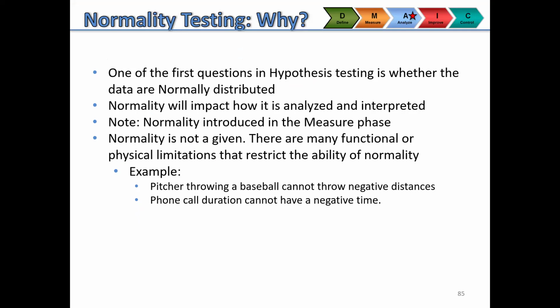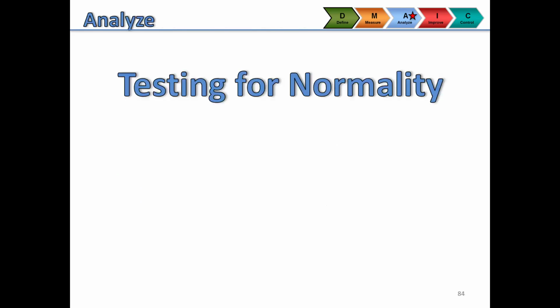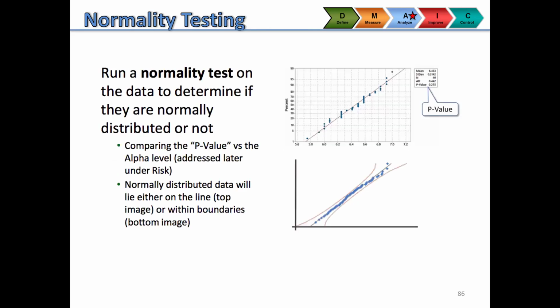There are some functional or physical limitations that restrict the ability of normality, like a pitcher can't throw a baseball negative distances, and phone call duration can't have a negative time. So obviously I have to use other tests when I'm doing that kind of measuring.